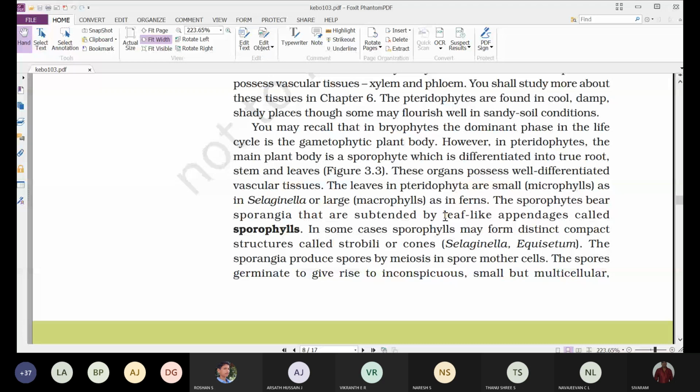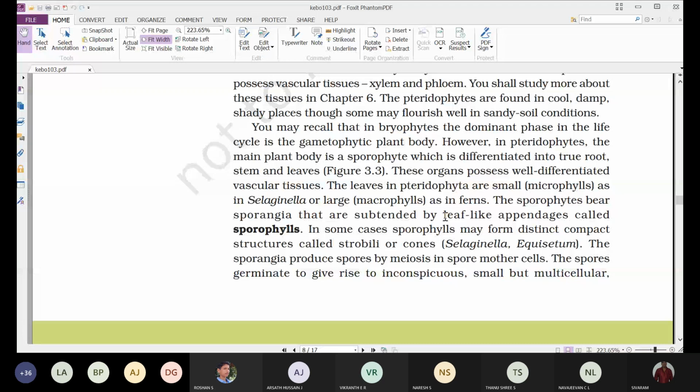That means it grows in water. And in some pteridophytes, the leaves are larger in size. Such leaves we call macrophylls.